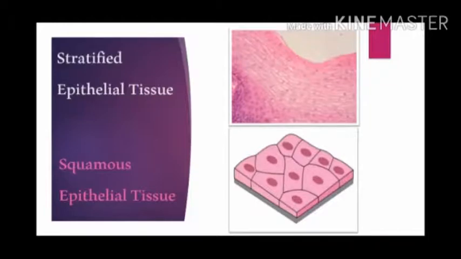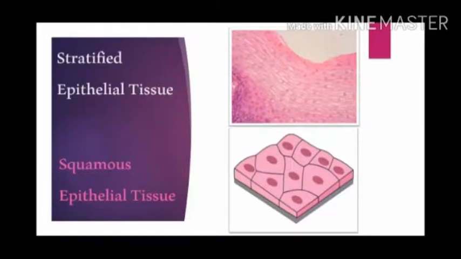Now, in the second figure, we are seeing the squamous epithelial tissue, that consists of thin, flat and polygonal cells with a prominent round or oval nucleus that is always present at the center.